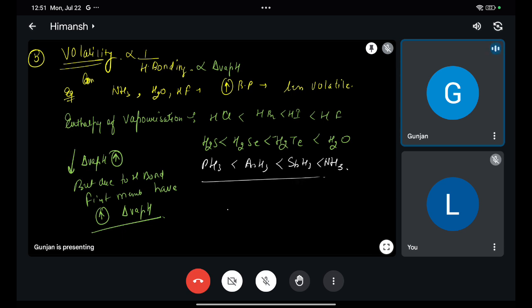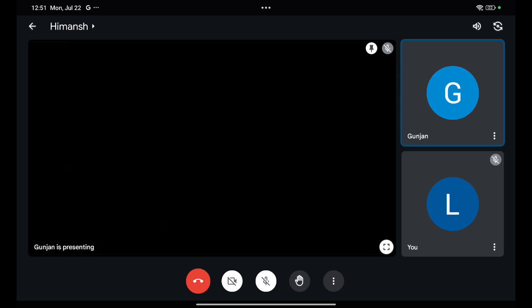If we talk about orthonitrophenol and paranitrophenol: orthonitrophenol contains intramolecular hydrogen bonding, while paranitrophenol has intermolecular hydrogen bonding.